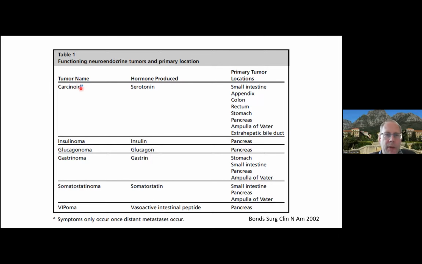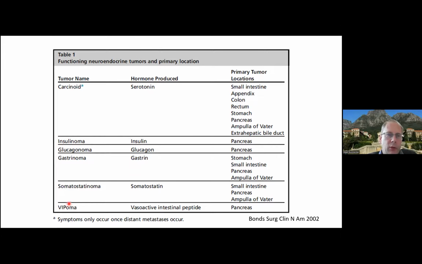That's when we would talk about a carcinoid syndrome. Otherwise, you should be referring to these tumors as a neuroendocrine neoplasm and then referencing it by its site. So it's a small intestinal, appendiceal, rectal, what have you. So you refer to the tumor in terms of a neuroendocrine neoplasm and its site.